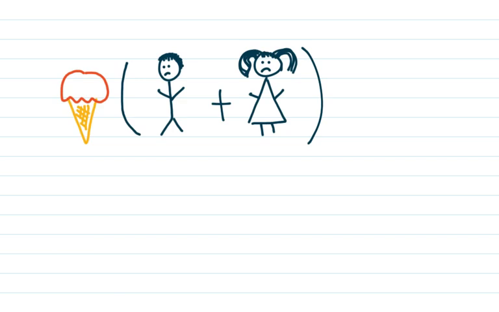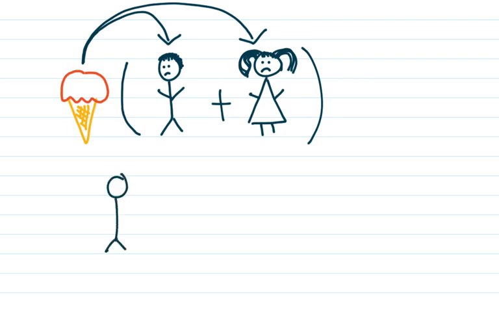What the distributive property does is it takes something outside of the parentheses and gives it to each person or each thing inside of the parentheses. So what the distributive property does is it gives our guy here an ice cream cone.